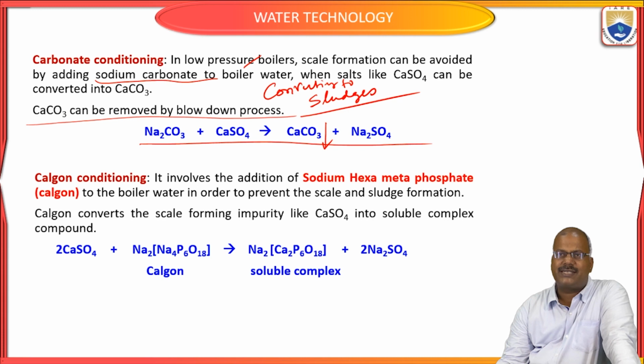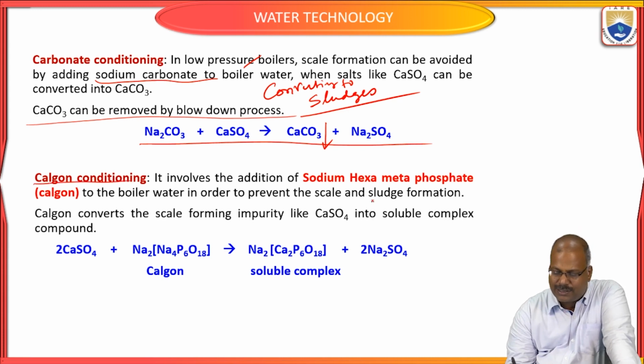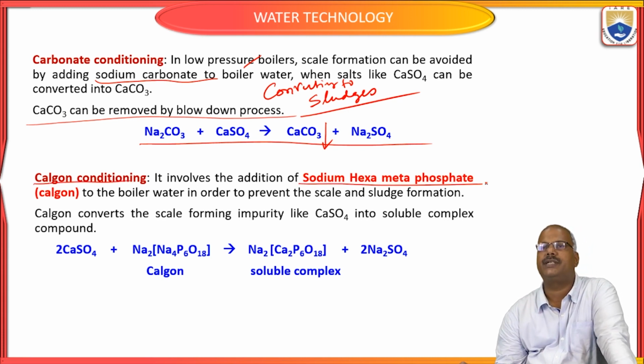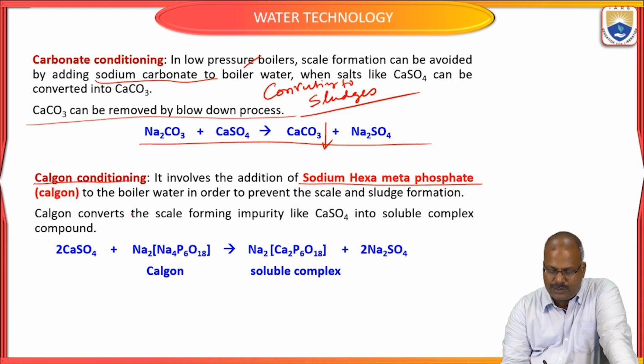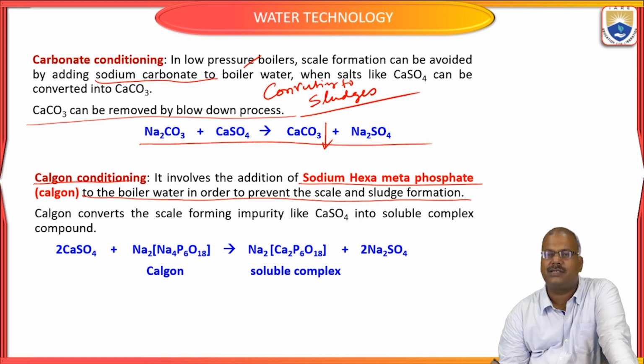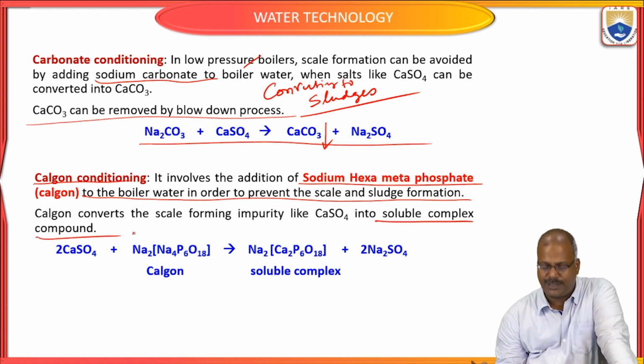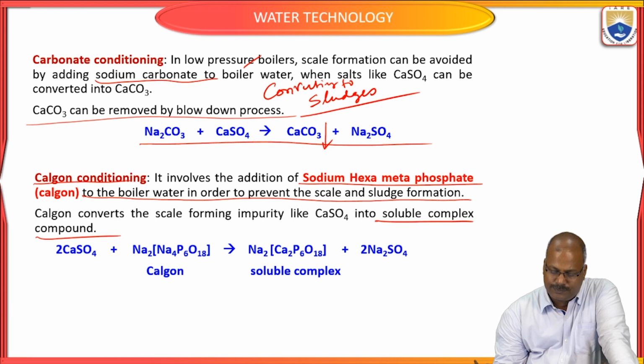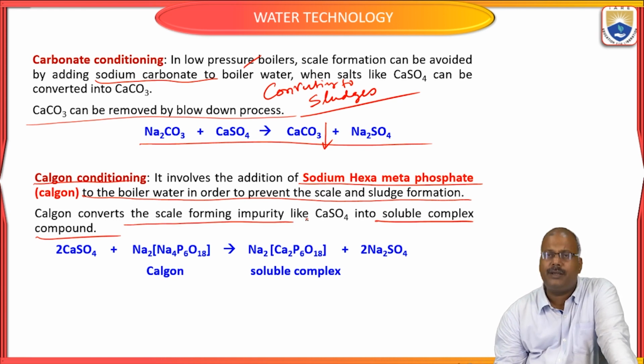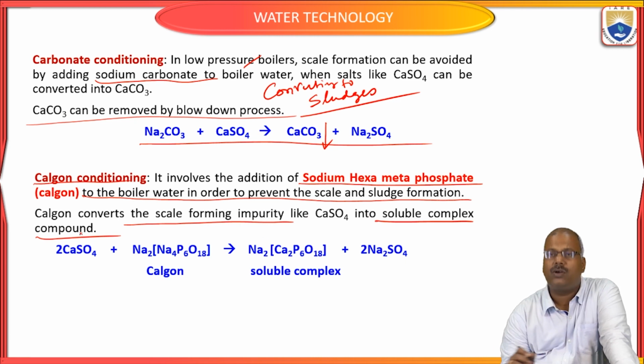Next, an important one is calgon conditioning. What is calgon? Sodium hexametaphosphate is called calgon. To prevent scale and sludge formation, if you add calgon, it forms a soluble complex compound with calcium sulfate and magnesium sulfate, converting the scale forming impurity into a soluble complex compound.